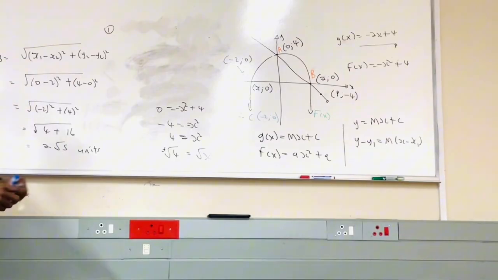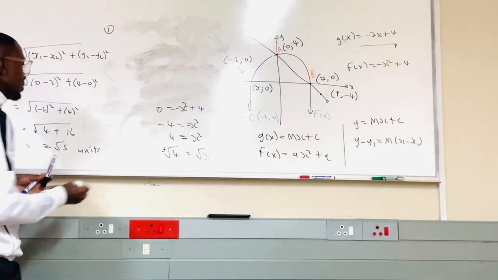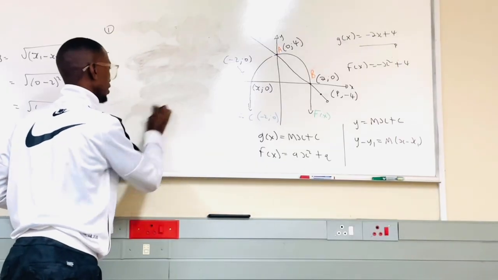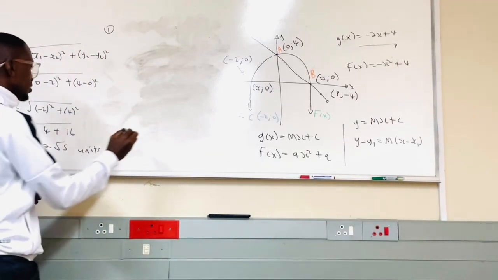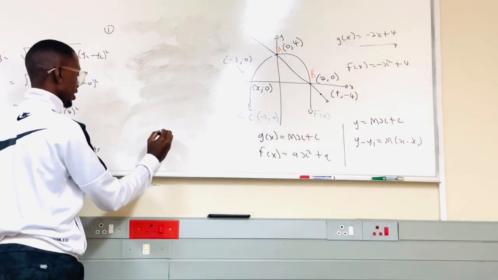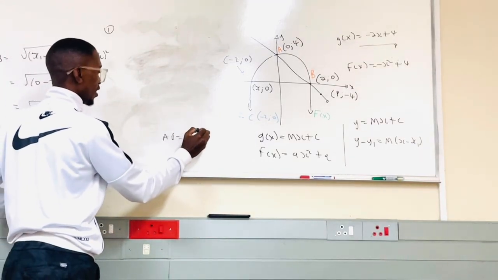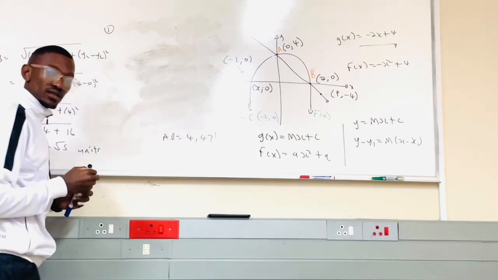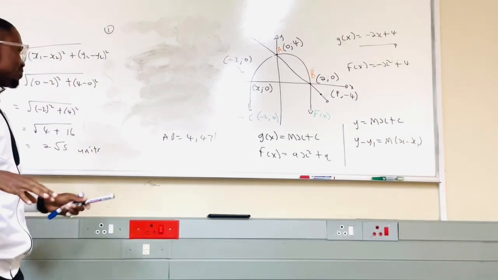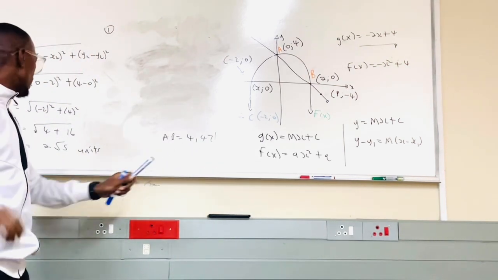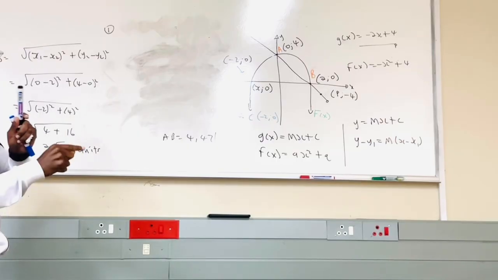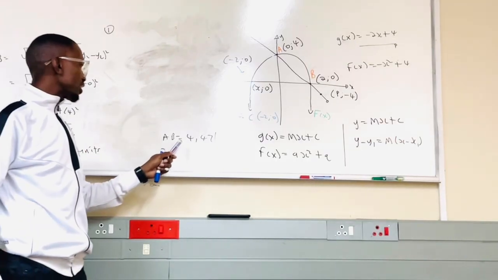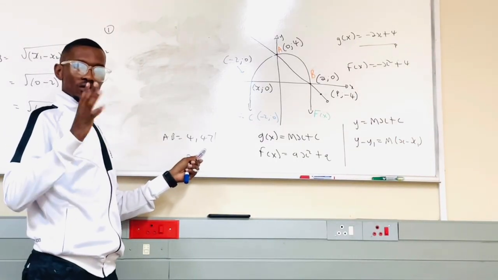Okay? If they said to 2 decimal places, I believe your answer is supposed to give us, let me see, maybe AB is going to be 4.471 or something. You can check on your calculator, but I believe it has to give you 4 something. So if you just say on your calculator 2 square root of 5, then press SD on your calculator, you must get 4 something.